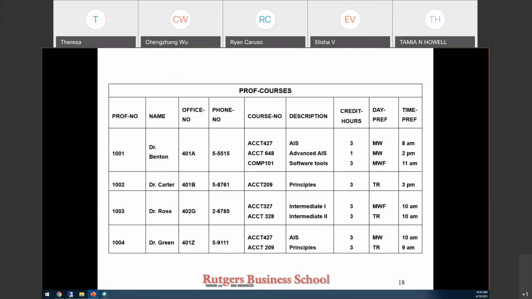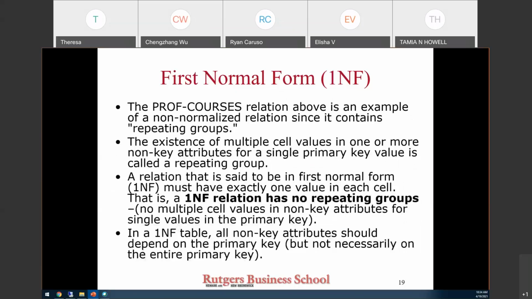The existence of multiple cell values in one or more non-key attributes for a single primary key value is called a repeating group. This repeating group prevents the table from being in the first normal form.